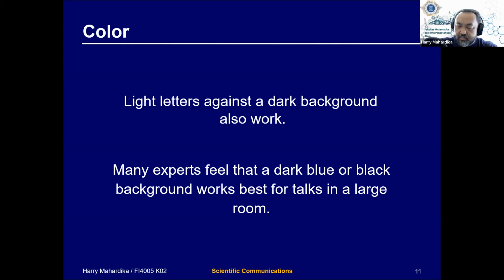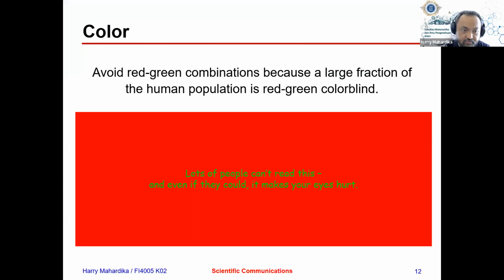The eyes of the audience are a little bit relaxed when we see that type of presentation where we choose to use a black or dark background with white or bright colored fonts. And obviously never choose this one, okay, because it makes our eyes tired easily.